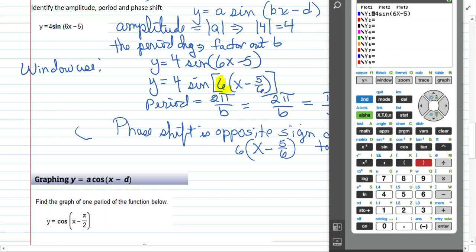All right. So in our window, we know that we have a very small period, pi thirds, and we have a shift to the right. So we can start with x min at 0. x max, which is our period, we can do pi thirds.